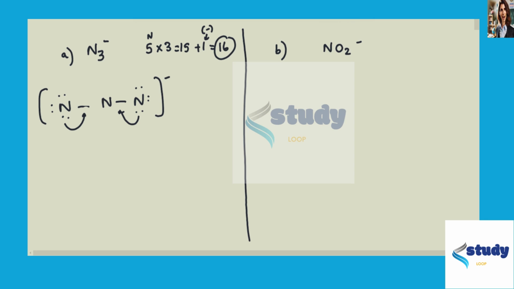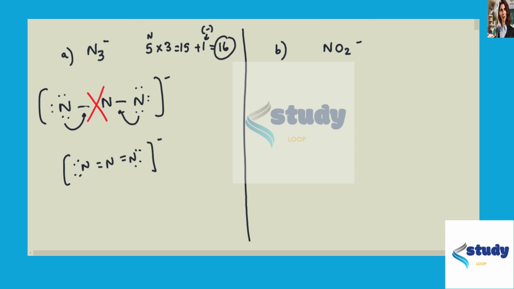Each line represents 2 electrons: 2, 4, 6, 8, and we're just missing one lone pair here. But now everything has an octet and the right number of electrons, and we are set with our 16. So this is definitely an important resonance form.